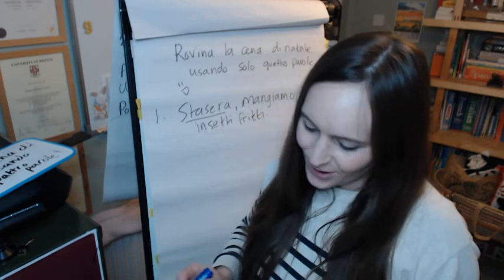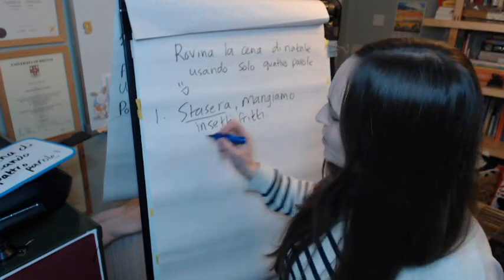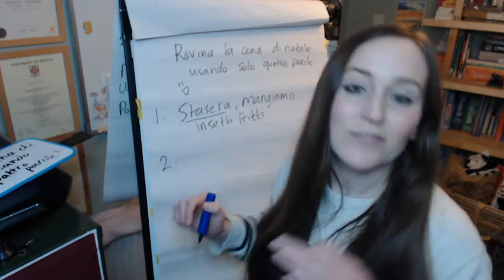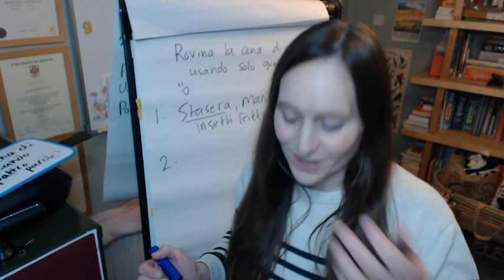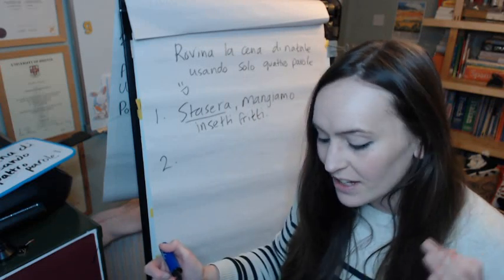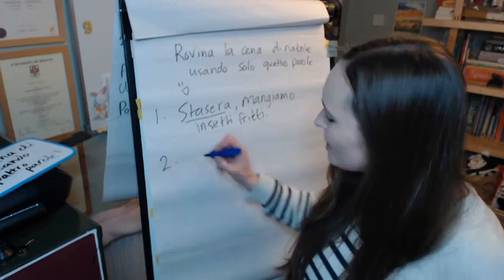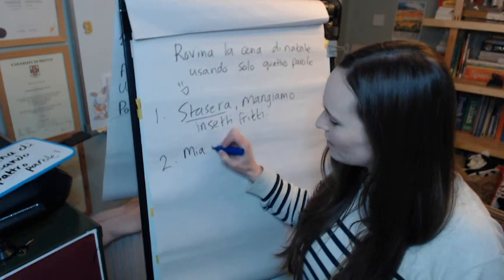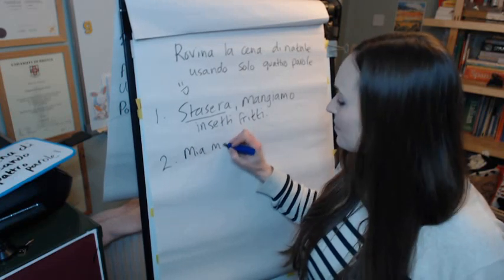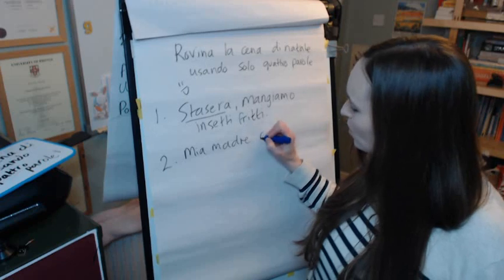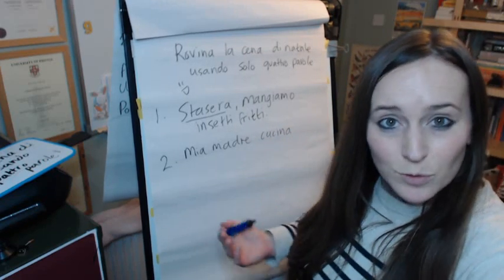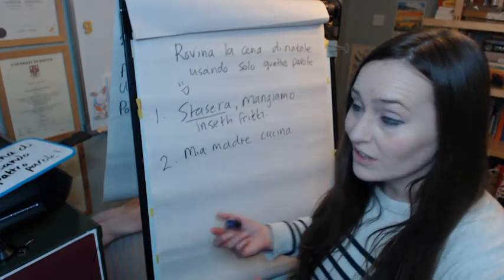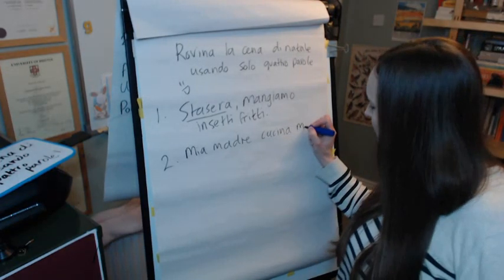Uno. Okay, something else that you could say, number 2. Remember, we're trying to ruin, rovinare, Christmas dinner. So, mia madre cucina meglio. Mia madre, my mother, cucina. So that's from the ARE verb cucinare, which means to cook. Cucina meglio.